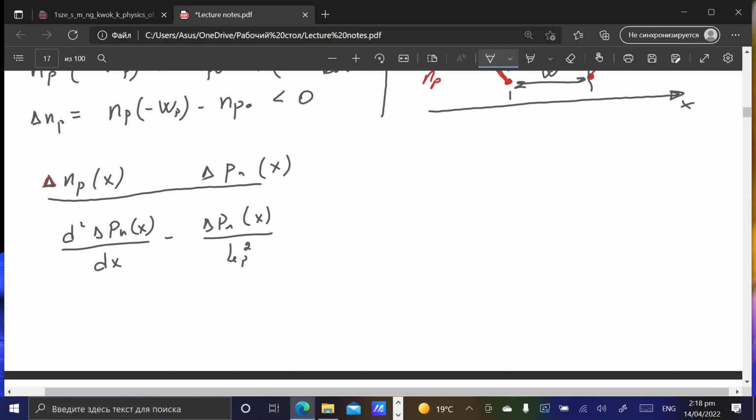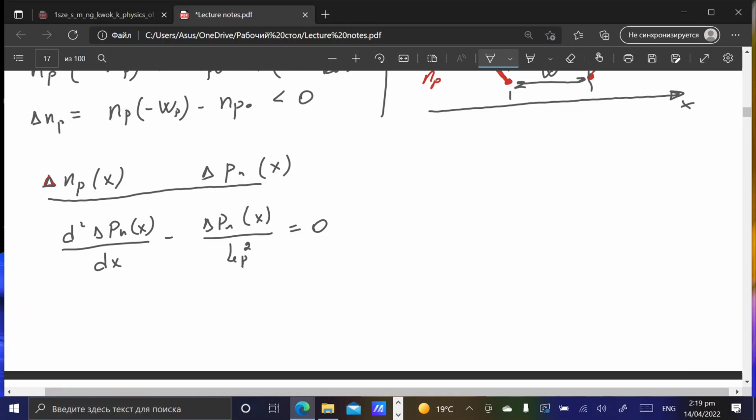Can you remind me, please, what is this Lp? Square root of diffusion coefficient, and what else there? Time. Recombination lifetime. Yeah. And how do we name this parameter?